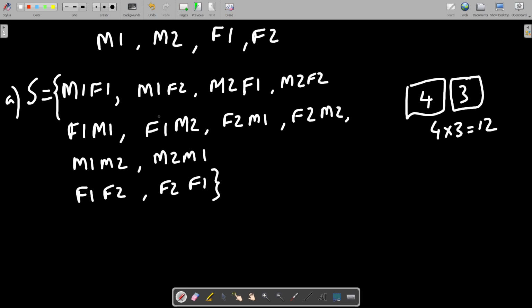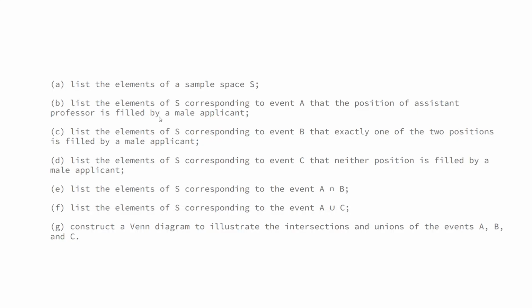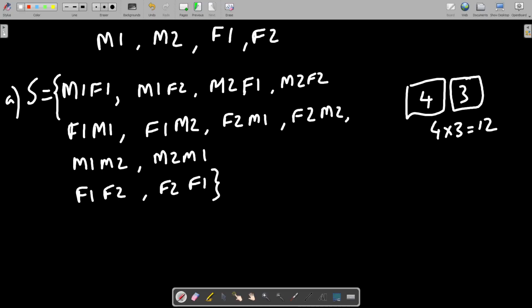Okay, let's go to the second question. List the elements of S corresponding to the event A that the position of the assistant professor is filled by the male applicant. So the first job goes to the male, the second job goes to the male or female, it's not important. Yeah, the first one is the assistant professor. So M1, F1, everything which has M first.